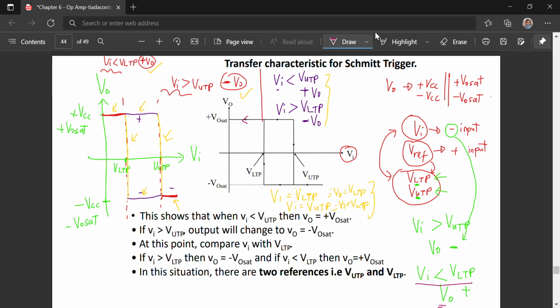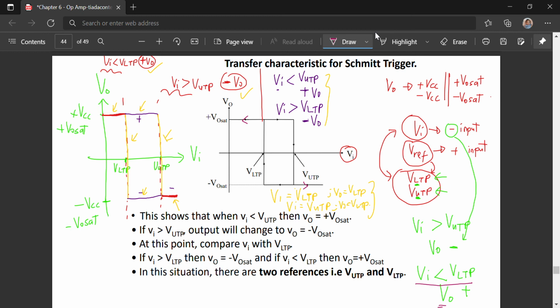And then if you have VIN greater than VUTP, the output will always be negative. Therefore, the arrow is pointing to greater VIN values.